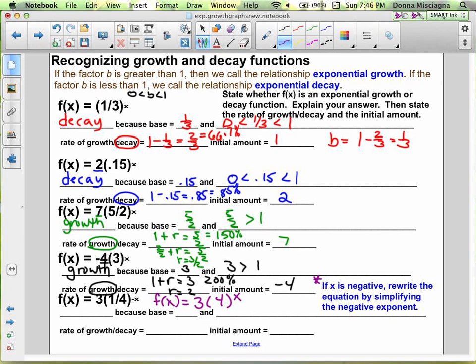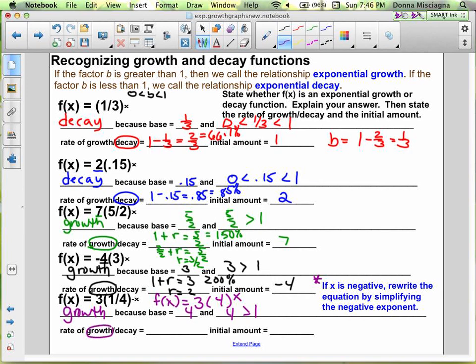So is this growth or decay? It is growth, because your base is 4. 4 is greater than 1. Let's circle growth.